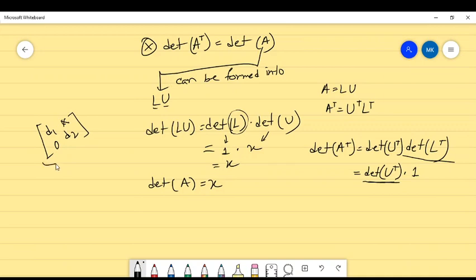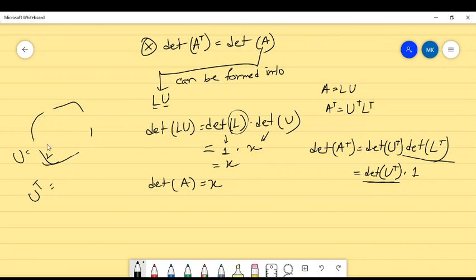If you transpose this upper triangular matrix, the diagonal elements would not change, only the positions of the others would. Not in this case, but in a 3 by 3 example.